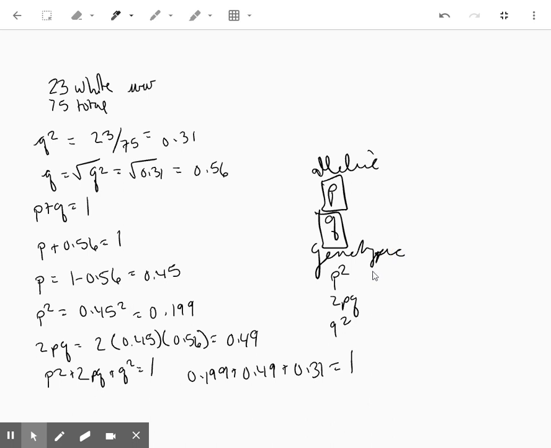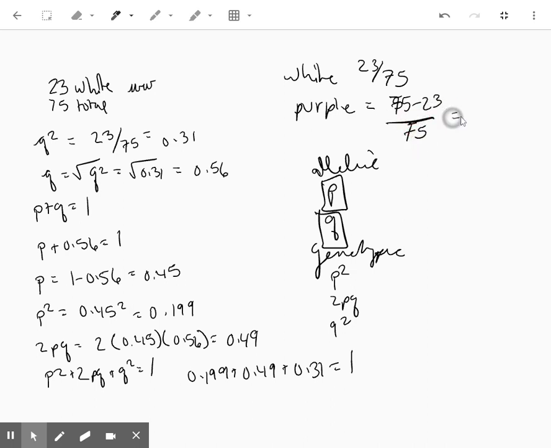And then we need our phenotypic. So phenotypic, we can go back. We already have white. That was 23 out of 75. And then purple will be equal to the other in the population. So 75 minus 23 divided by 75.